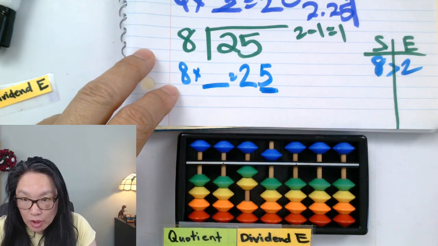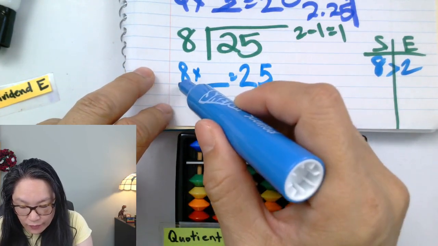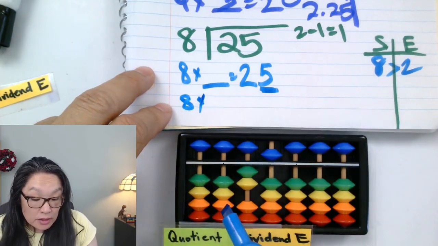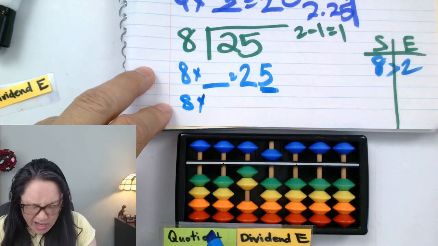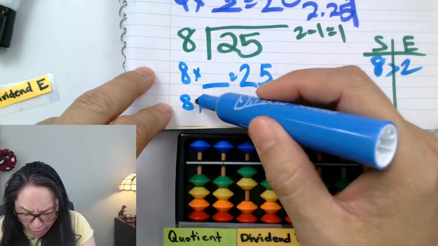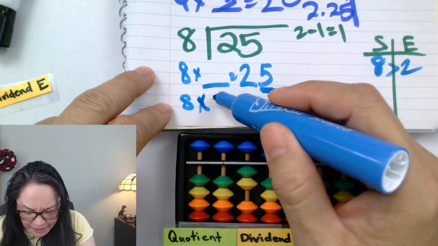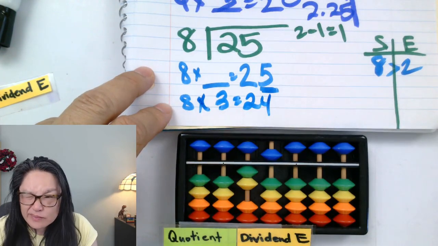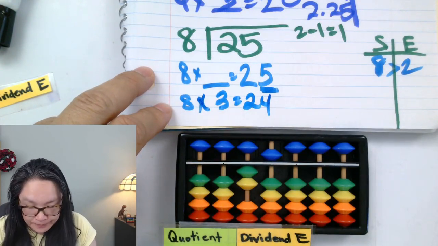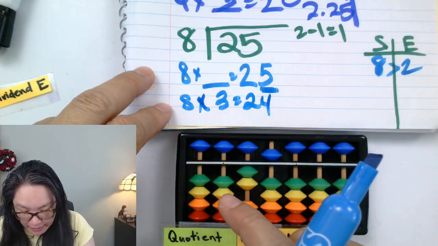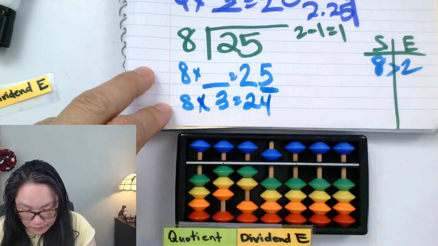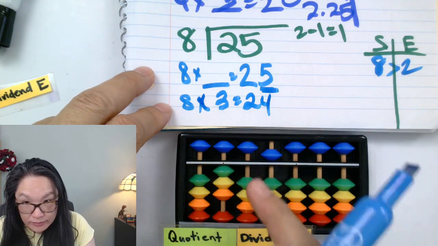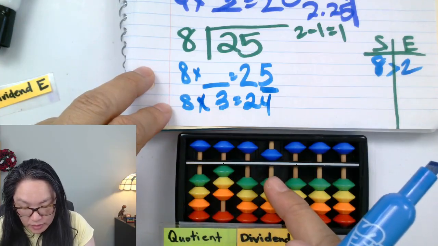So I'm trying to go through the logic. Why do we set it up? So 8 times 3 is equal to 24. Is that right? Yeah. So I add my 3 over here. I take away 20 and I take away 4.